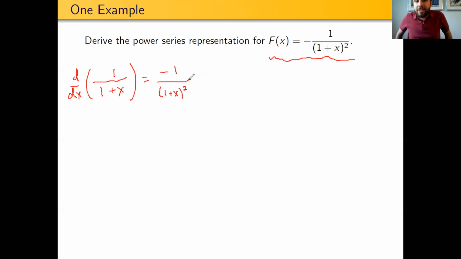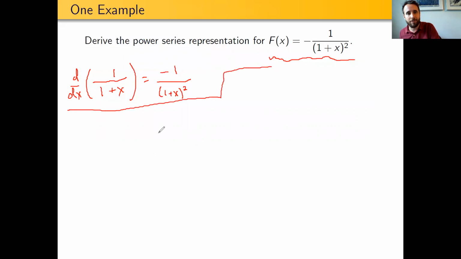So what we actually see is that the expression we're interested in is the derivative of an expression we already know has a power series representation. So put that off to the side here.